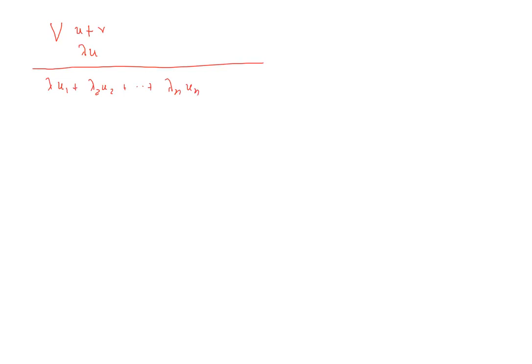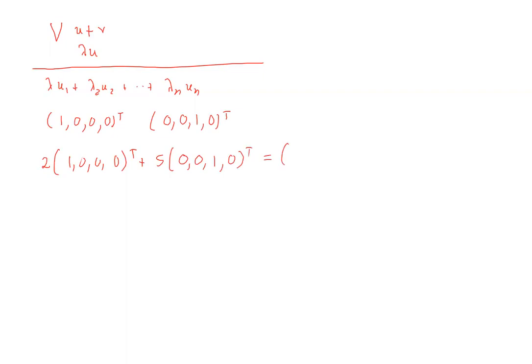So in simple terms, if somebody tells you I want a linear combination of the vectors 1, 0, 0, 0 and 0, 0, 1, 0, let's say, what is a linear combination of these vectors? So you can take 2 times 1, 0, 0, 0. I'm just picking a number randomly. There's no significance to why I'm taking 2. And it's going to be 2, 0, 5, 0. And that's it.